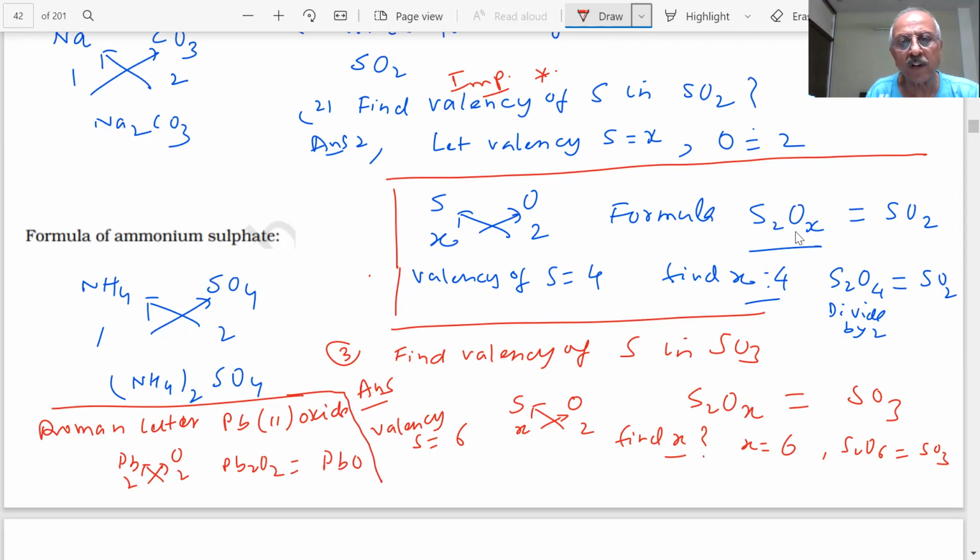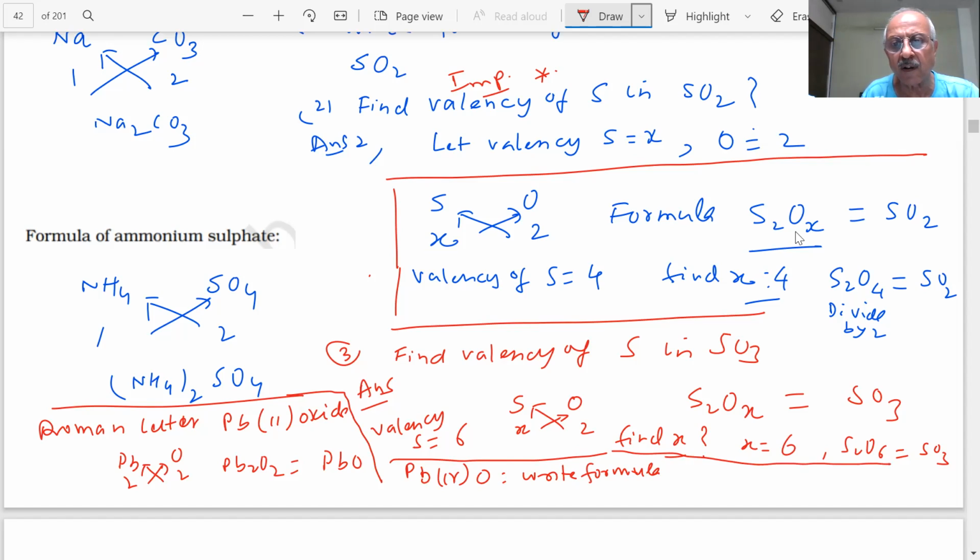And another question I give you, student. Lead(IV) oxide. Write the formula. What is the valency of lead here? 4.